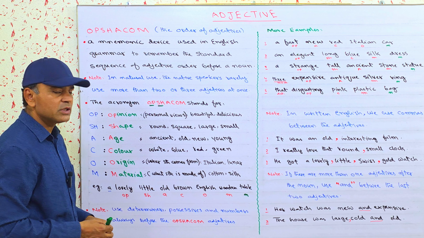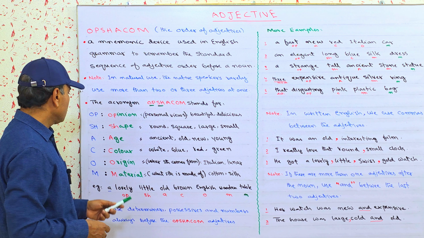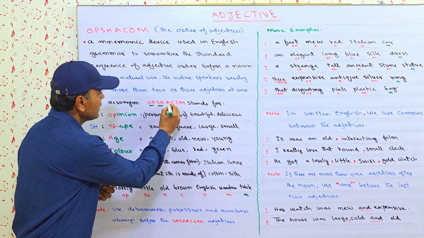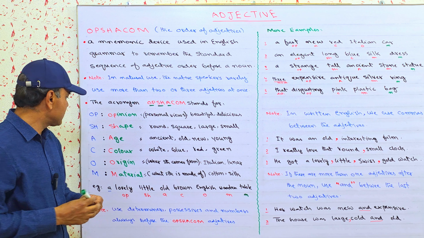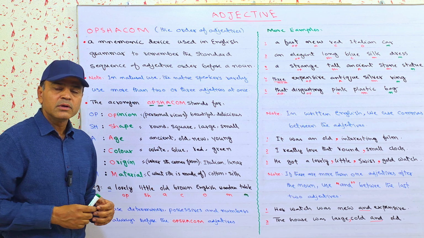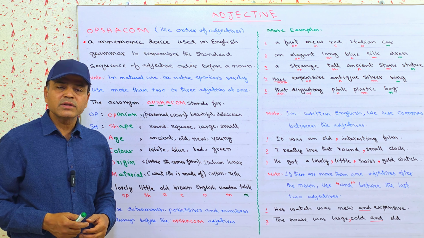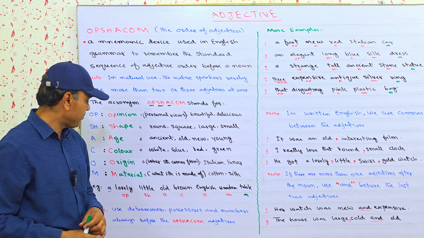These adjectives show the shape of a noun. Then A in OPSHACOM stands for age. The adjectives that show the age of a noun, like ancient, old, new, young, and likewise other adjectives, come after the adjectives that show shape.